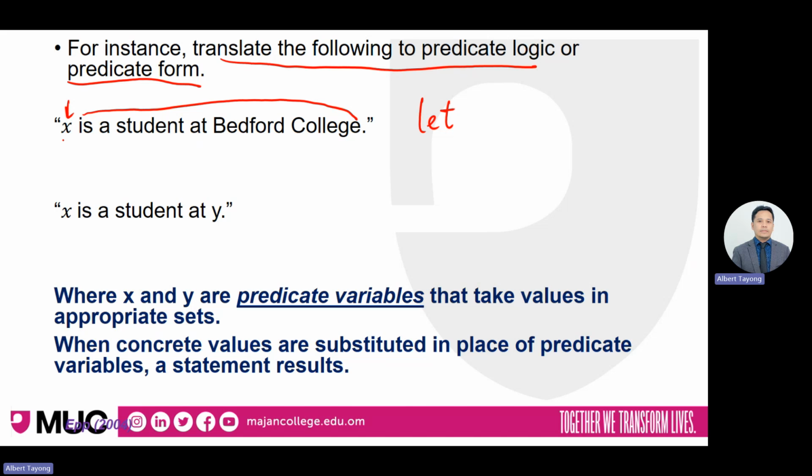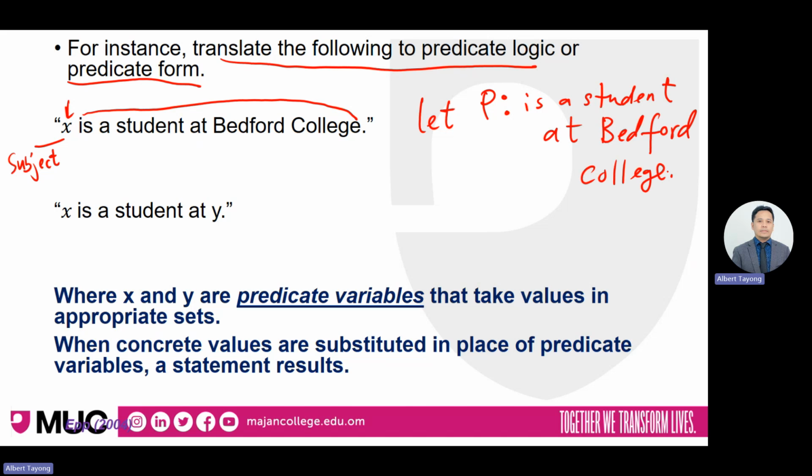Here, our subject is X because we deleted James and changed it into X. So our predicate, we can use P or any letter actually, is a student at Bedford College. That is our P.